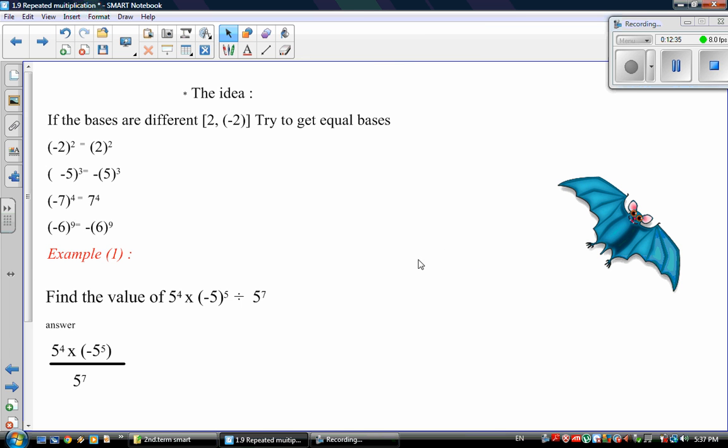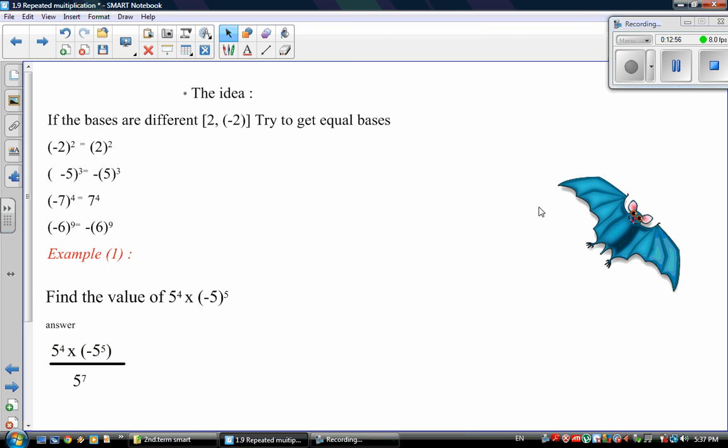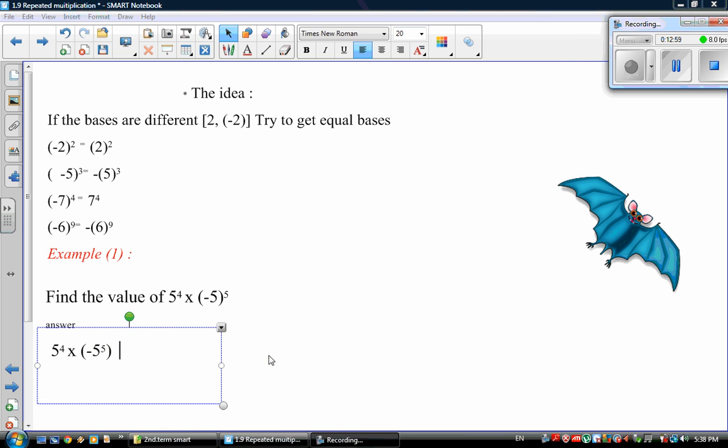Let's try an example. Find the value of 5 to the power 4 multiplied by negative 5 to the power 5. In this problem, note that we have 5 to the power 4 multiplied by negative 5 to the power 5.